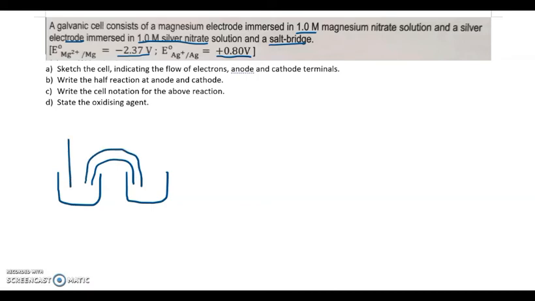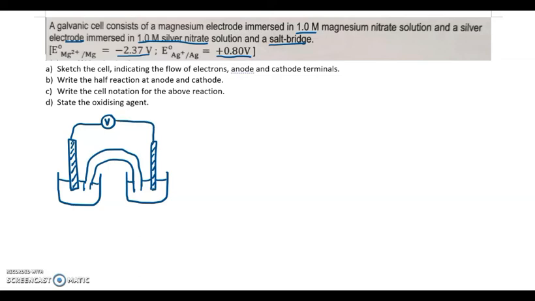And then there are two electrode, immersed in their electrolytes. Make sure the salt bridge and the electrode immersed in the electrolyte. These two electrode connected with wire and the wire connected with the voltmeter. So, ini dia punya basic dia lah.